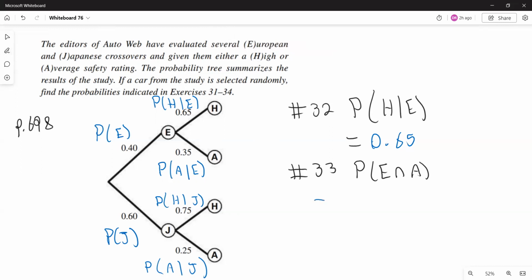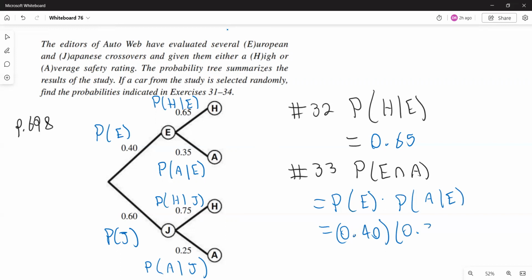The way this is set up, we first need to find the probability that the car is European and multiply by the probability that the car has an average safety rating given that the car is European. The probability that the car is European is 0.4, and the probability that the car has an average safety rating, given that the car is European, is 0.35. The product of these probabilities is 0.14.